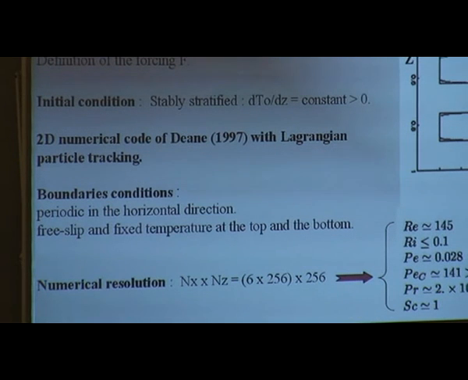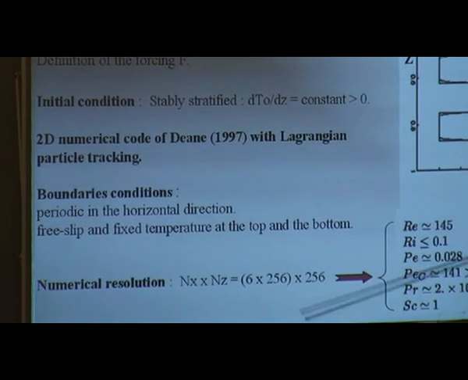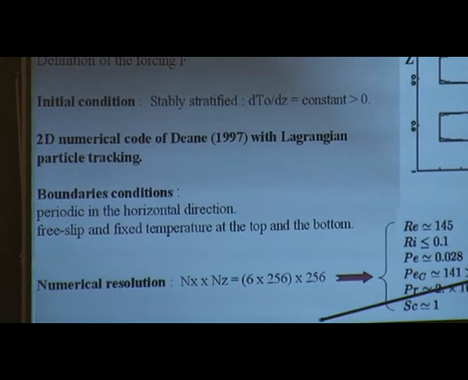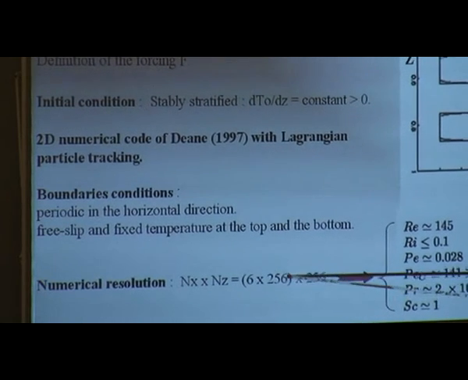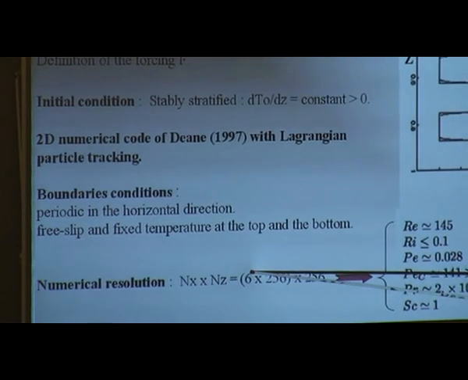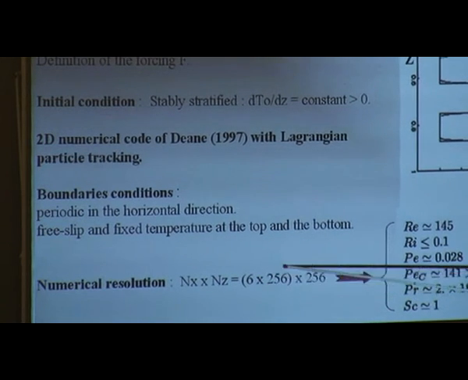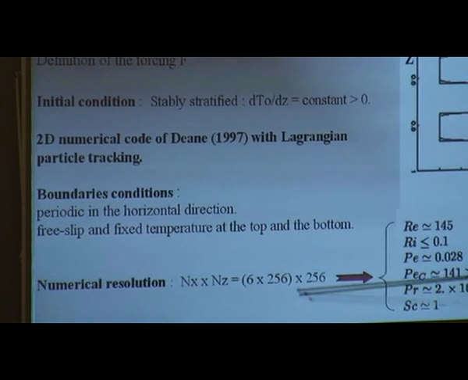The boundary conditions, as I said, are periodic in this direction, and free slip, non-periodic in the vertical. Our numerical resolution was this one, 256. It's the reason why I would like to do 3D simulation with at least the same resolution.